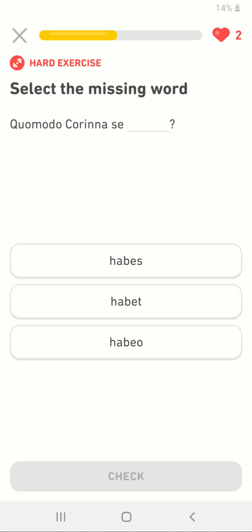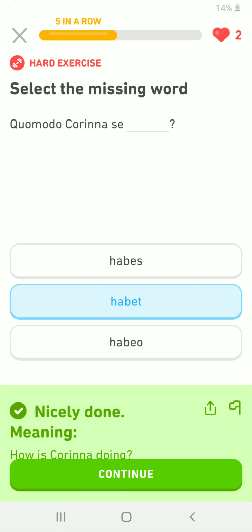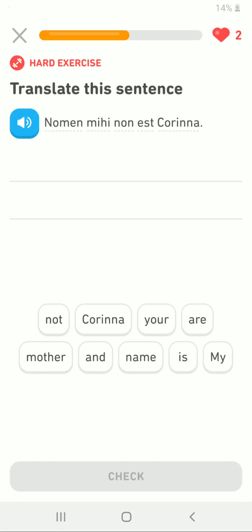So, quomodo Corina se habet. We understand that habes would be for you, singular, and habeo was for I, so habet should be for Corina, she and he. Habet.